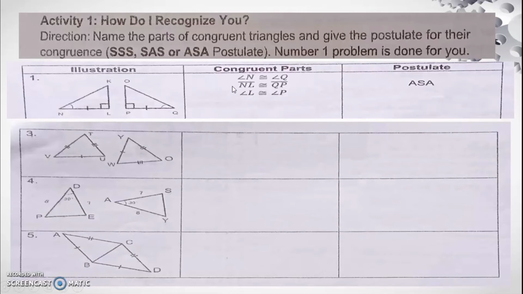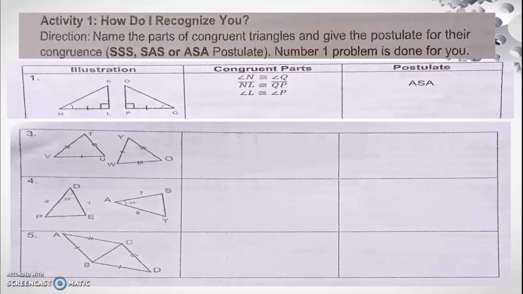Nakalagay na angle N congruent to angle Q, side NL congruent to side QP, angle L congruent to angle P. So, given angle, side, angle, the postulate is ASA.